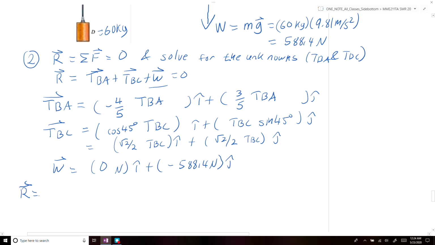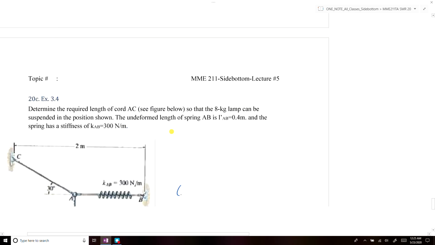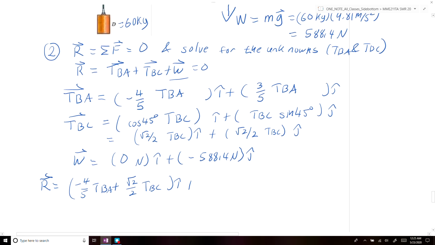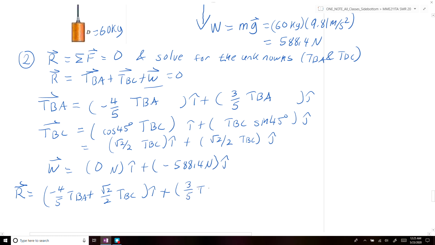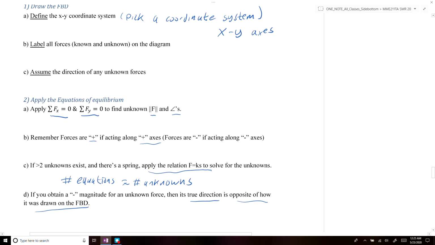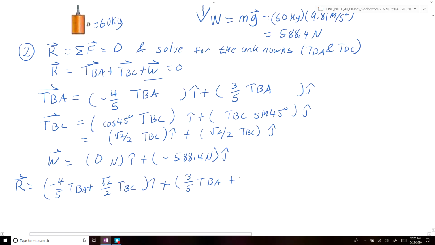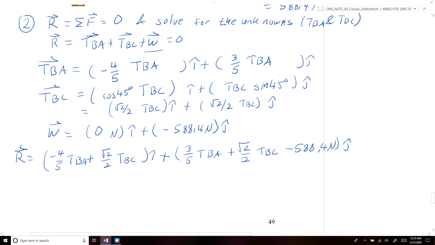Our resultant force is going to be equal to minus 4/5 TBA plus radical 2 over 2 TBC times i, plus 3/5 TBA plus radical 2 over 2 times TBC minus 588.4 newtons times j. So we can set both of these equal to 0.